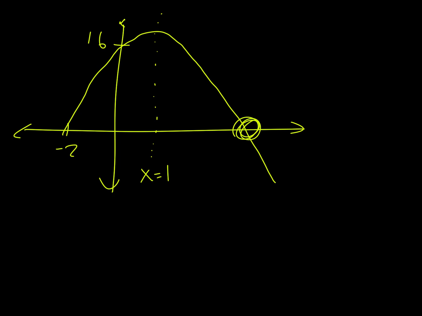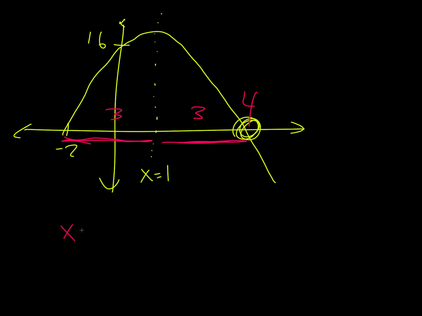Because we have the axis of symmetry, though, we can find this x-intercept, because this is the halfway point between the two x-intercepts. The distance from here to here is 3, so the distance from here to here also needs to be 3. -2 to 1 is 3 units, so 1 to whatever this is needs to be 3 units. So that's 4, because 1 plus 3 would be 4.